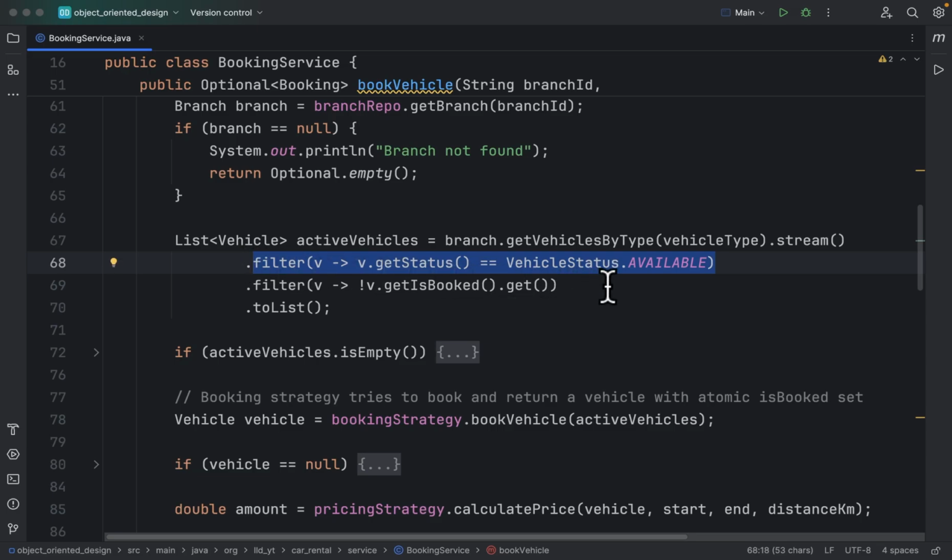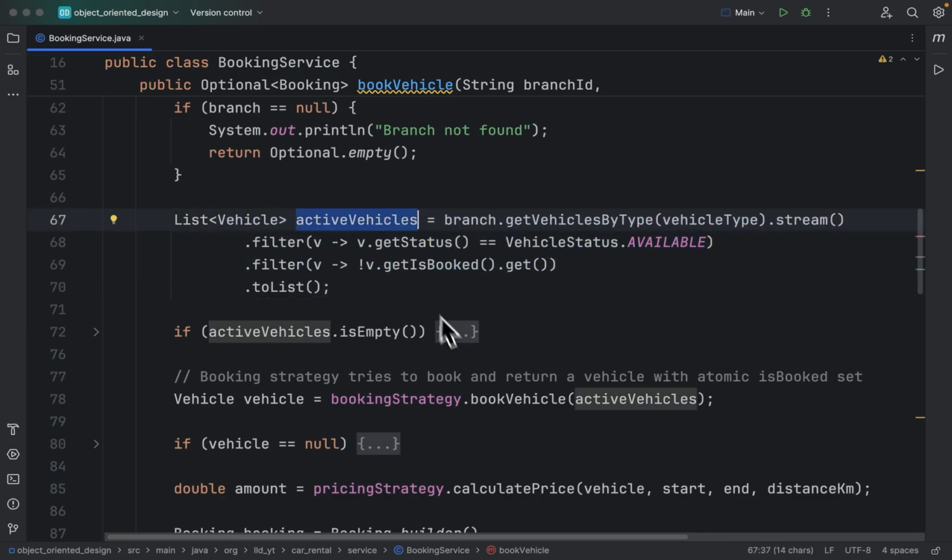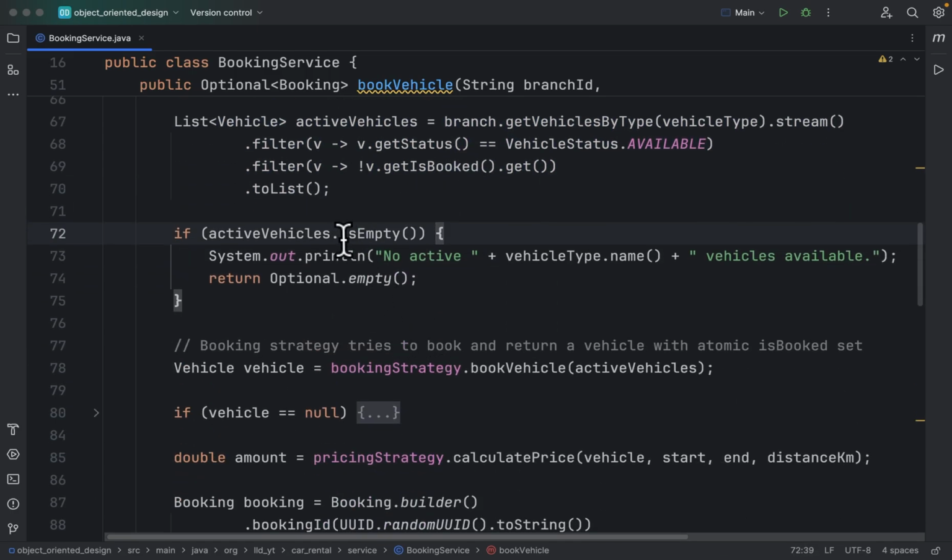Because some of the vehicles are maybe in the servicing state, or maybe they are in booked state. So I will just get those vehicles which are available. Okay. So once I have the active vehicles, if the active vehicles list is empty, then I will print this message that is no active vehicles available.